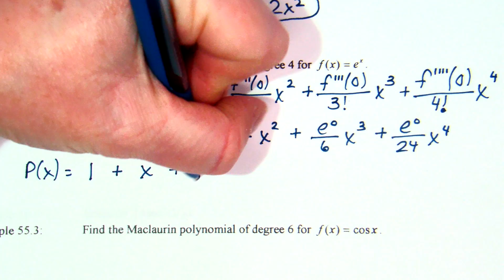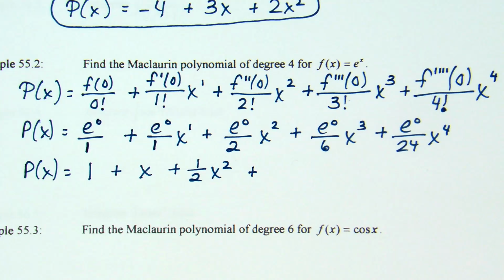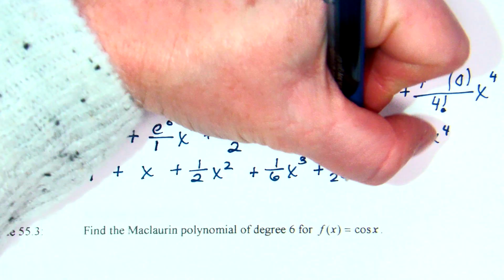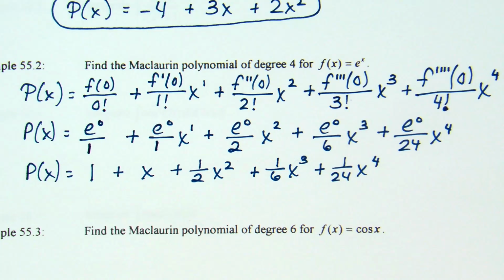You could also say x squared over 2. E to the 0 over 6 x cubed, 1/6 x cubed. And 1/24 x to the fourth. Depending on the scenario, this would be one way to write the answer.